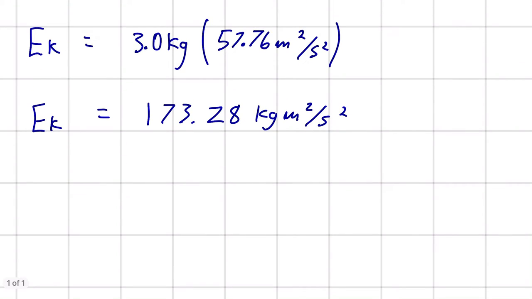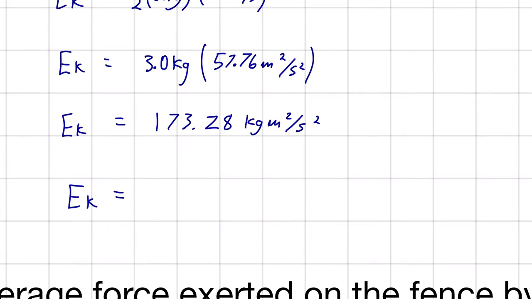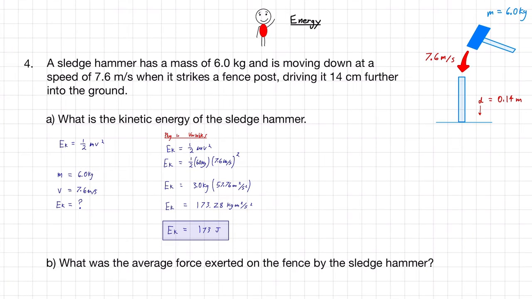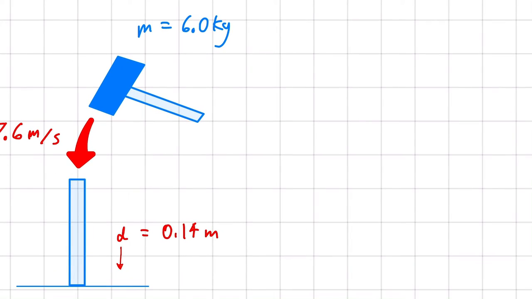And when we're writing out our final answer, I'm going to round this off to 3 significant digits, take off the decimals. So it's going to be 173 joules. So that is the kinetic energy of the sledgehammer.